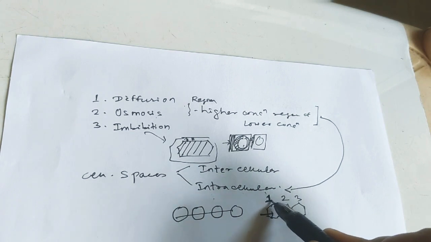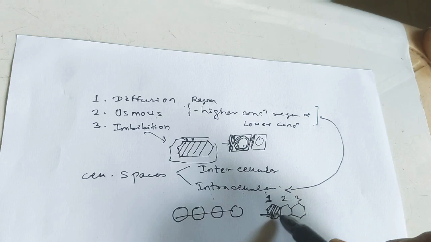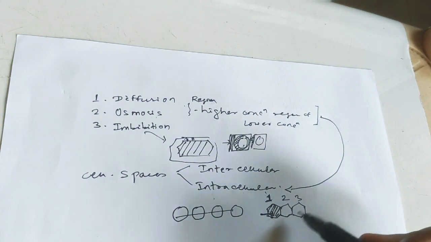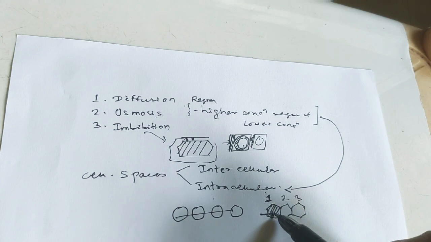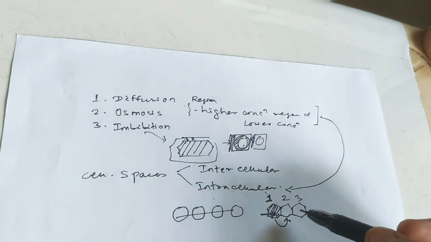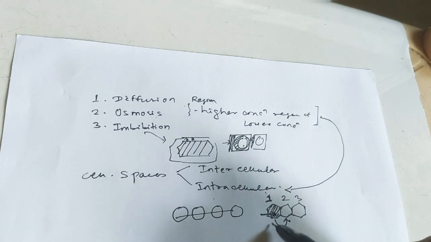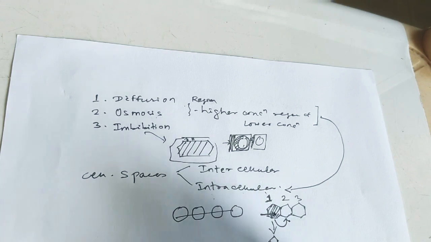Suppose this first cell is now filled with water. The solvent concentration level is high, so it automatically moves to the lower concentration area. Now this cell number one becomes flaccid, and the second one becomes turgid.